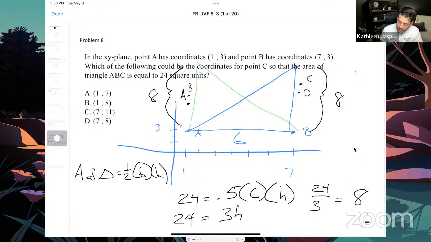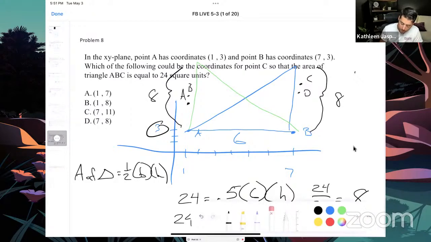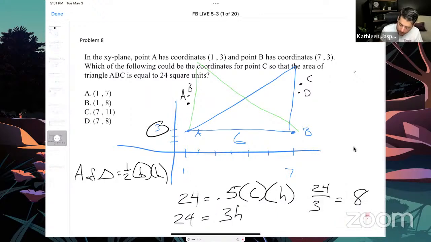So how am I going to find 8 on either one of these sides? Well, these X's all start at 3. Okay. So let me erase this so I can clean this up. I think we're okay.